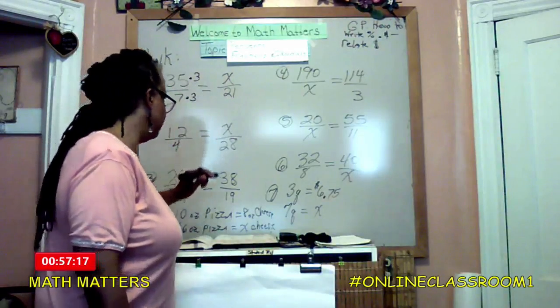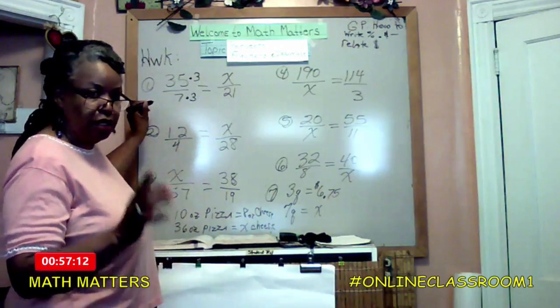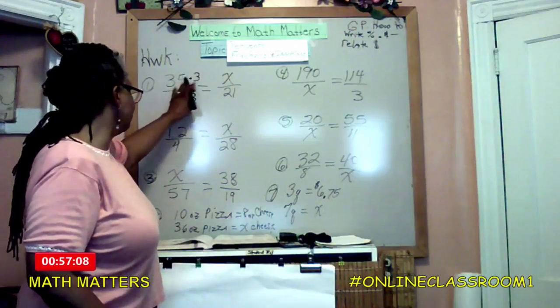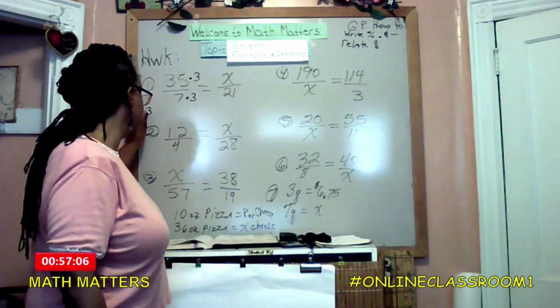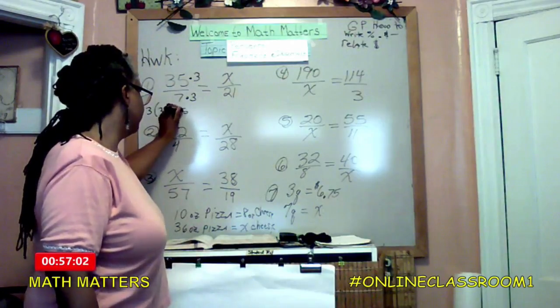35 times 3. Let's use the distributive property, because I want to keep you refreshed on that idea. I need 35 times 3, so 3 will be my multiplier, times 30 plus 5.